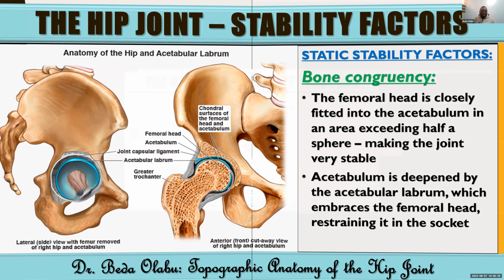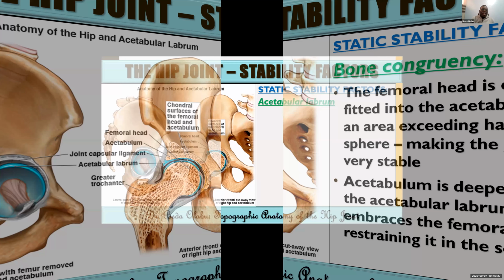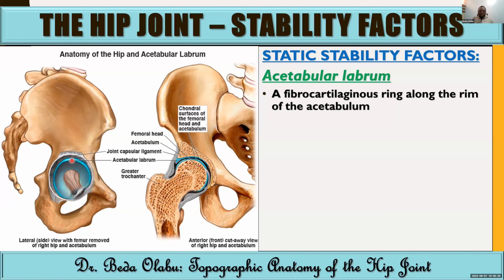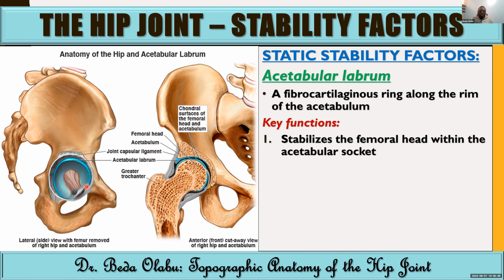Let's say something about that acetabular labrum. We had mentioned that it's a fibrocartilage ring that is on the rim of the acetabulum all around. This fibrocartilaginous rim has the following functions.